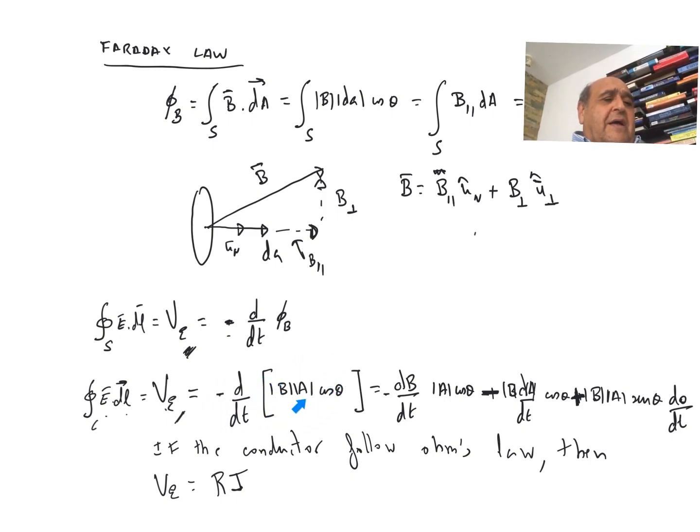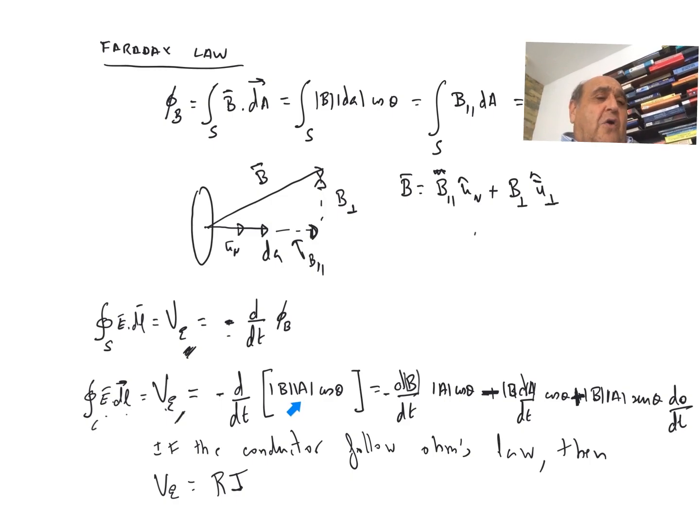Three terms can vary. If the magnitude of B changes, then by the product rule, the derivative with respect to t of B by A by cosine theta means that B can vary while A and theta do not. This is the first term. The area A can also be bigger or lower.